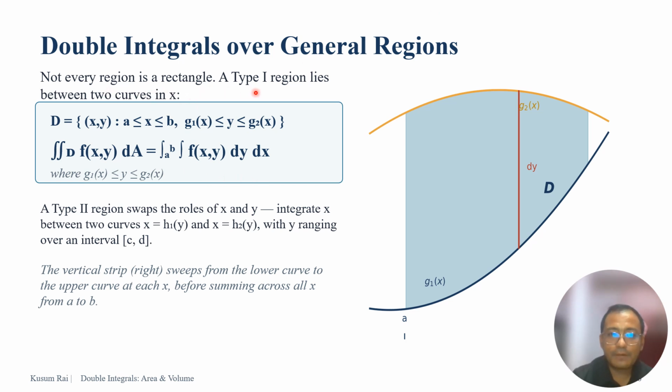So a type I region lies between two curves in x.